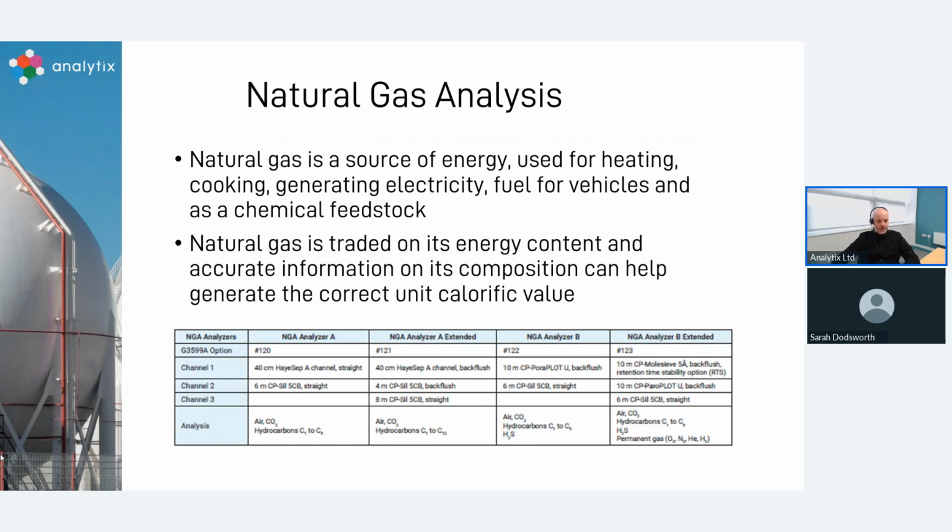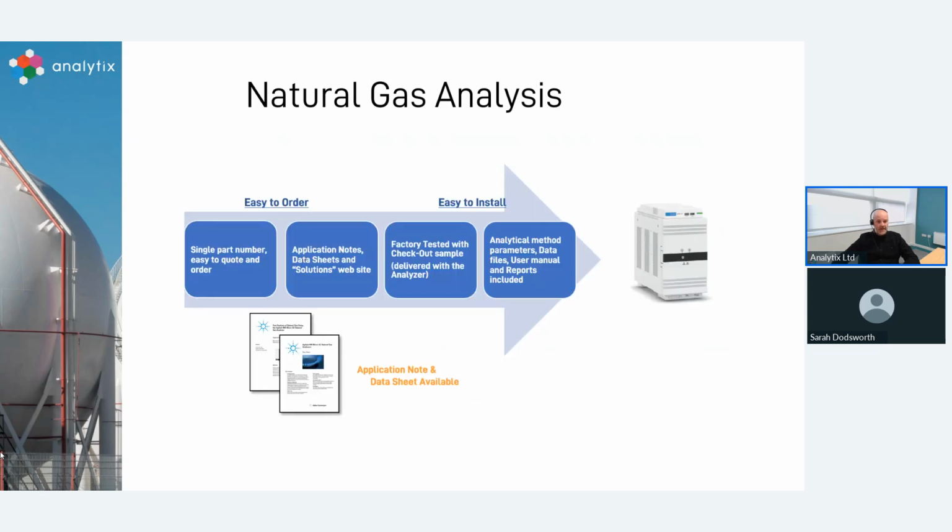As this is one of the very key areas for us, we have a number of ways we can tackle this, based on end user requirements. But typically we have 4 configurations that are ready to go out of the box. These analyzers are provided from our point of view as a single part number.